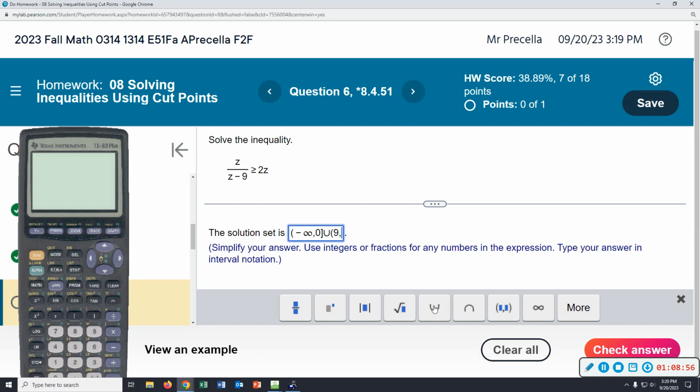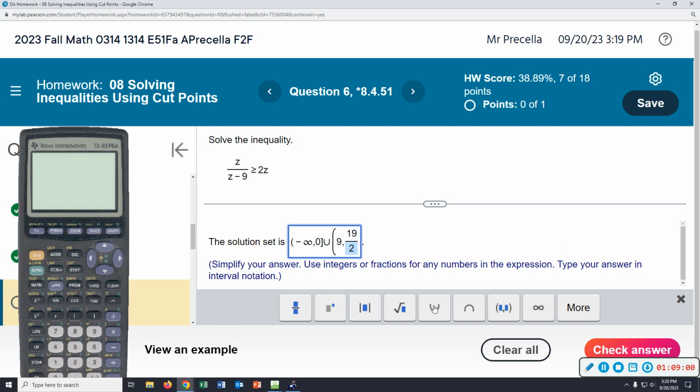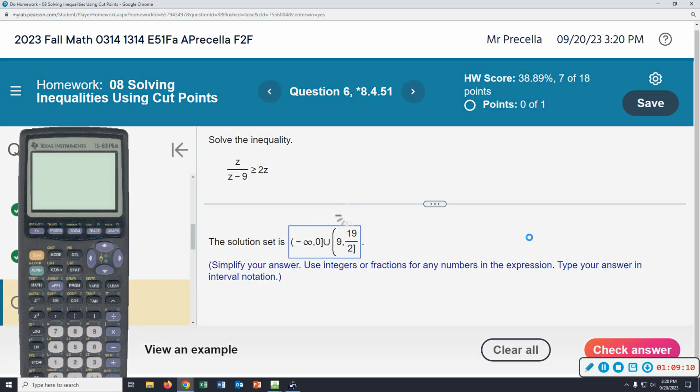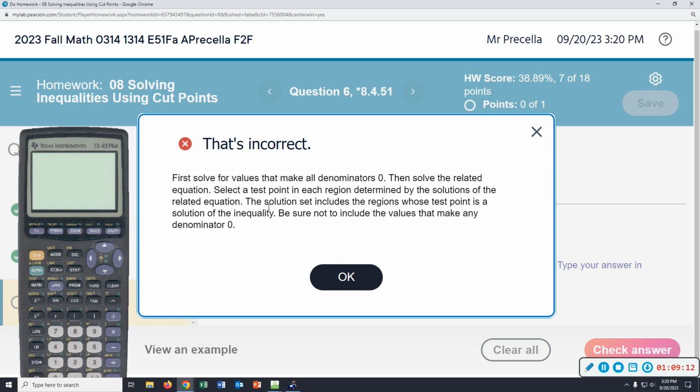9, 19 halves. I had a student once send me an email telling me that Pearson had messed up. And this is exactly how they had it typed. Notice, they can't even tell them what's wrong.